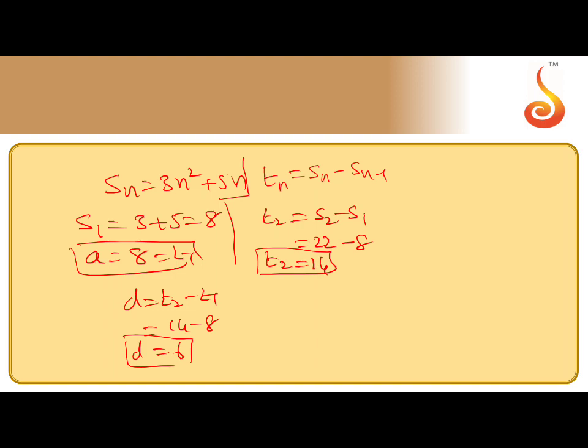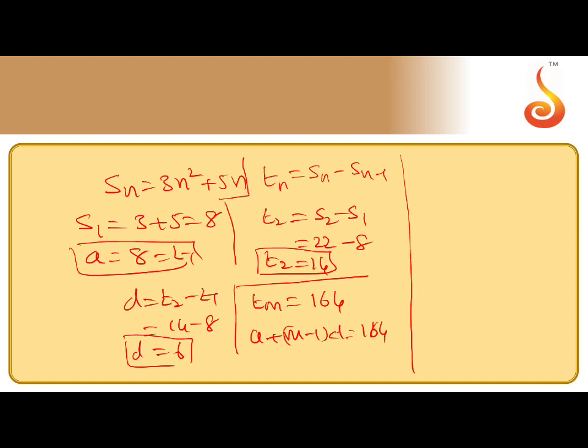So next, we have to find the m value. They are given Tm equal to 164. So Tm is A plus (m minus 1) into D equal to 164. Substitute the values of A and D. A is 8 plus (m minus 1) into D, which is 6, equal to 164.